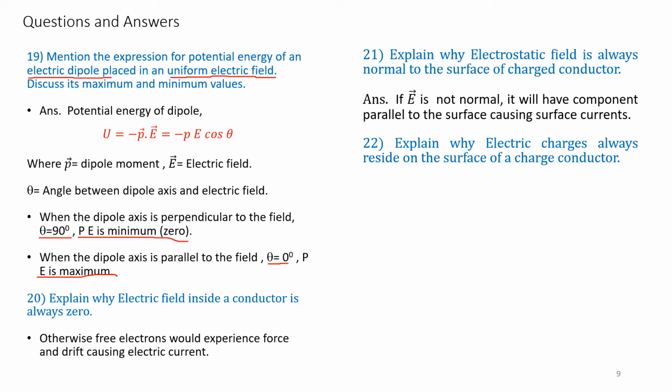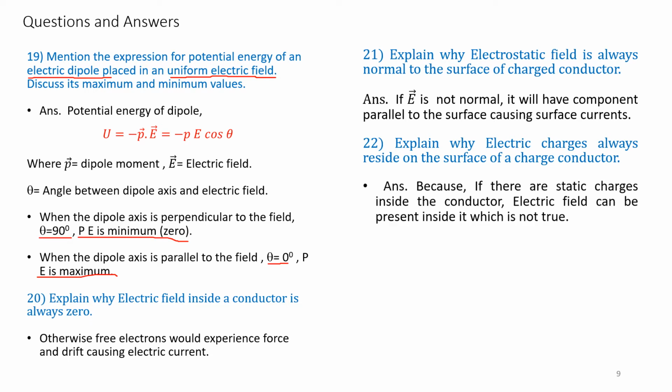Question number 22. Explain why electric charges always reside on the surface of the charged conductor. Because if there are static charges inside the conductor, electric field can be present inside, which is not true. Question number 23. Explain why electrostatic potential is constant throughout the volume.